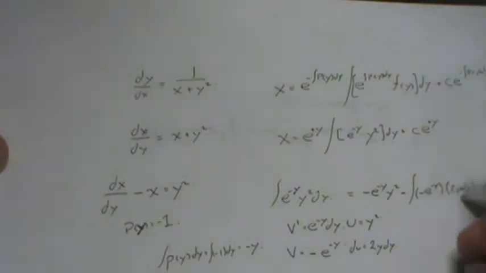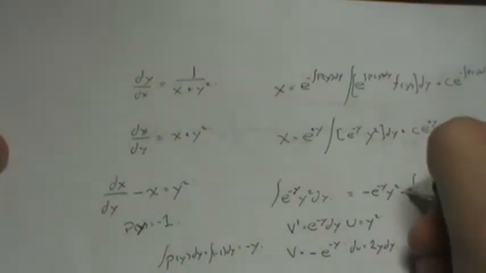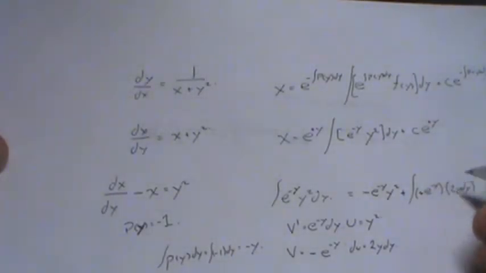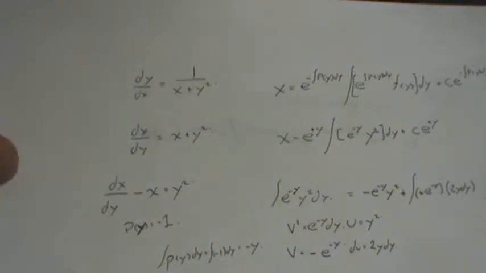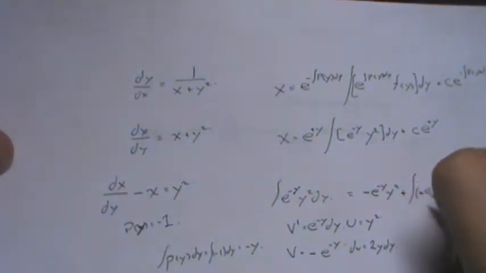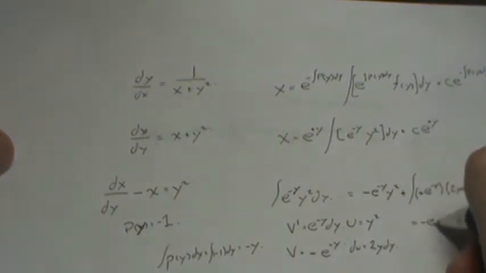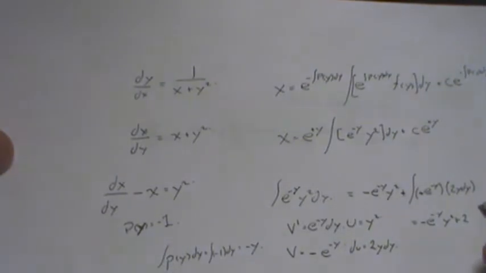Now we have to integrate again this part, so we have to do the same here. First let's multiply this minus, so they become plus and plus. And now let's take out the number 2. So it's equal to minus e to the minus y times y squared plus 2 times the integral of y e to the minus y dy.